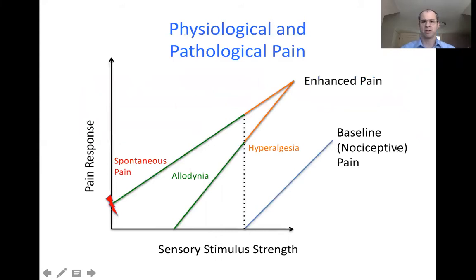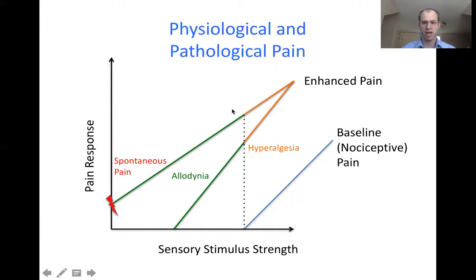So I'll begin by distinguishing baseline pain, which is also known as nociceptive pain, and enhanced pain. Baseline or nociceptive pain refers to pain resulting from a high threshold noxious stimulus. In this graph, on the x-axis, you can see the sensory stimulus strength intensity, and on the y-axis is pain response.